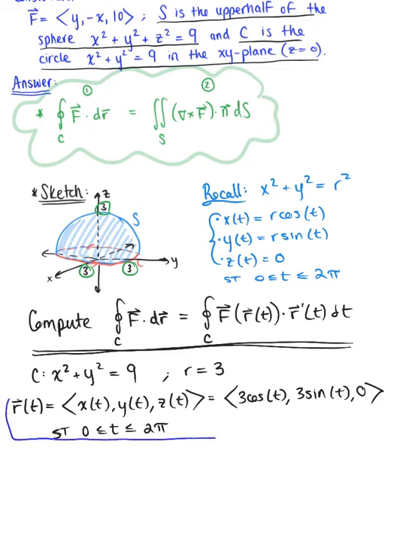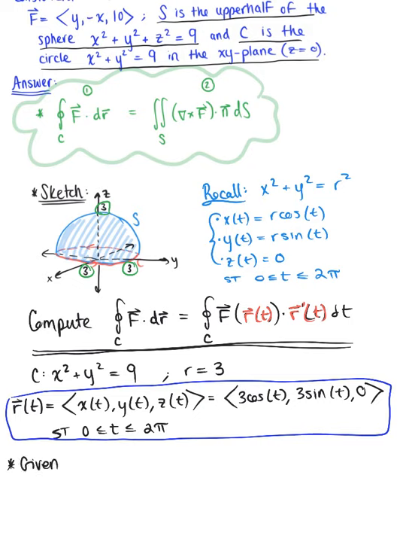So there we have it. There is our one parameter description of the curve C. So we now need to use this to parameterize our vector field. And we need to use this to find the tangent vector. So let's parameterize our vector field first, since we have r of t here.